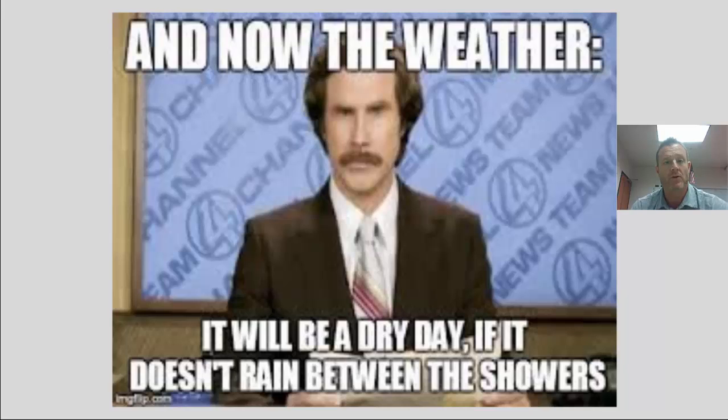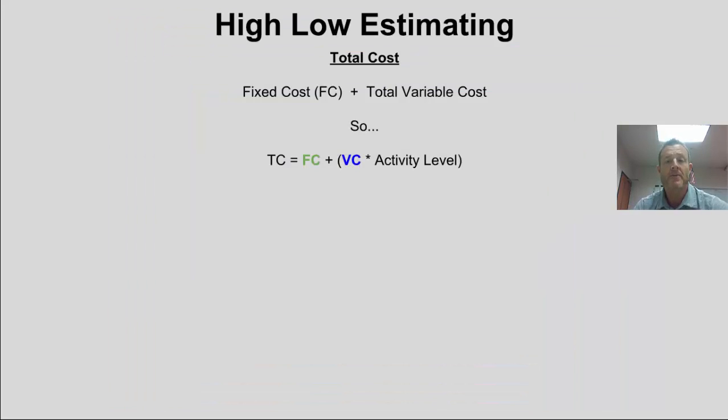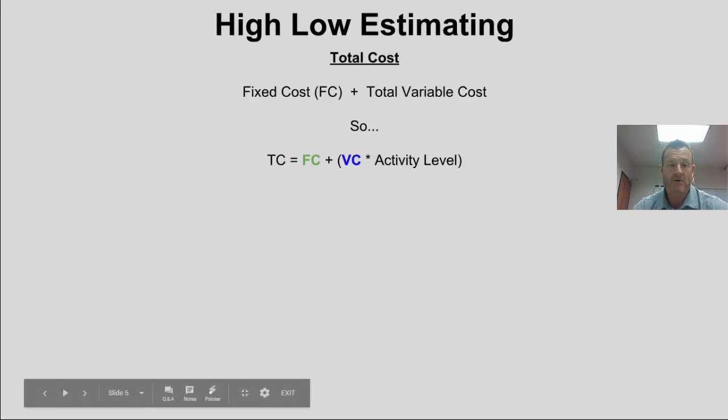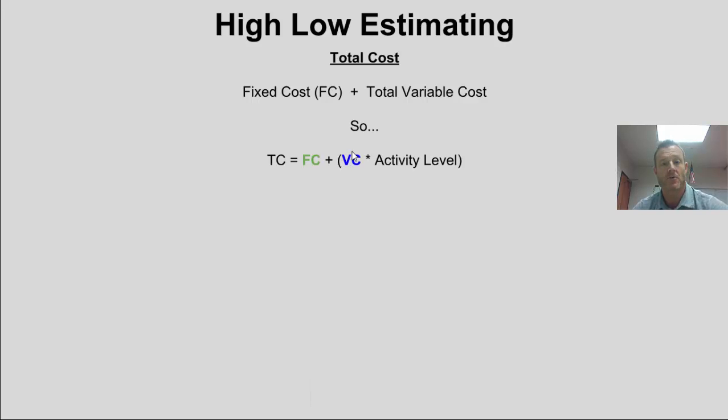So let's get into this when looking at cost predictions. The high-low method is the method that we're going to really focus on when we talk about predicting costs. We have two types of costs: fixed costs, represented here in our total cost equation, and then variable costs represented here in our total cost equation. The variable costs, the total variable costs, really take into account our variable cost per unit times the unit amount or the activity level.